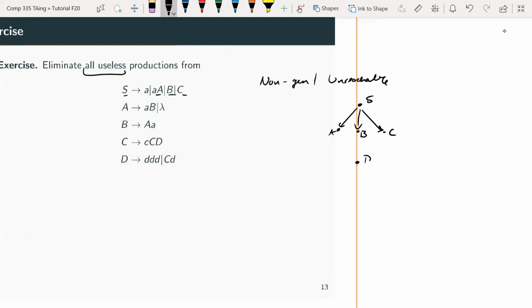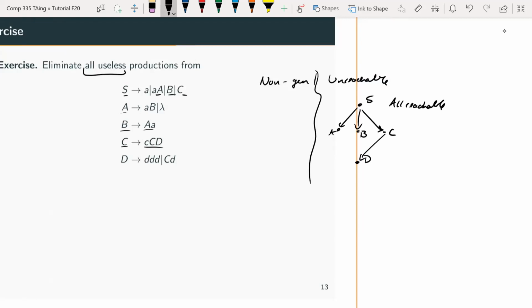Can anything reach D? Well, A goes to B, so we don't really care about that. B goes to A. Oh, okay. C goes to D. Okay, so that means they're all reachable, right? So there are no unreachable variables that I can delete, which sucks because that's always the easiest part.